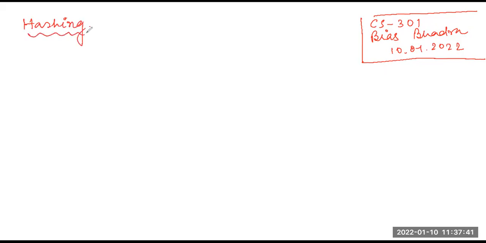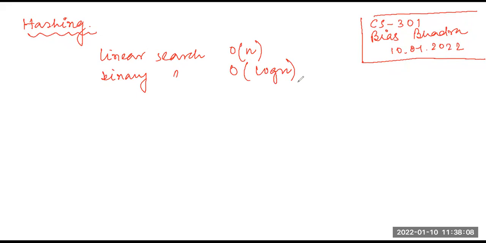Now, in module 5, earlier we discussed two search algorithms, right? We studied linear search and binary search. Linear search has a time complexity of order n, and binary search has a time complexity of order log n, where n is the number of elements in our array.